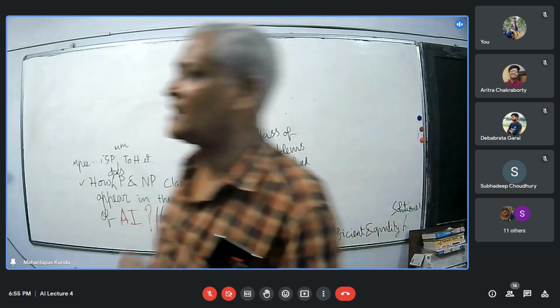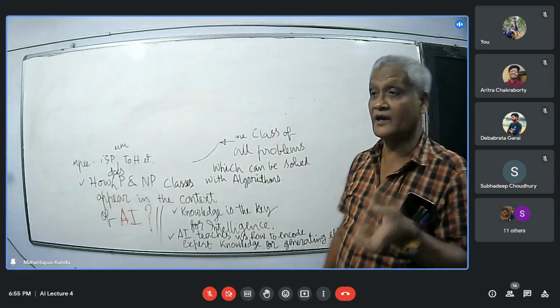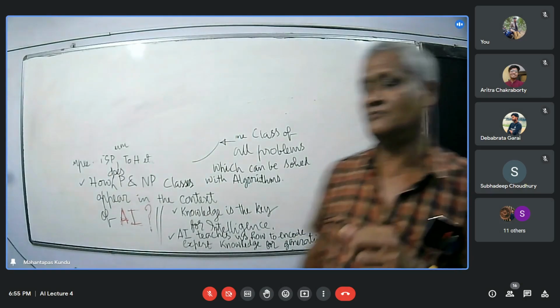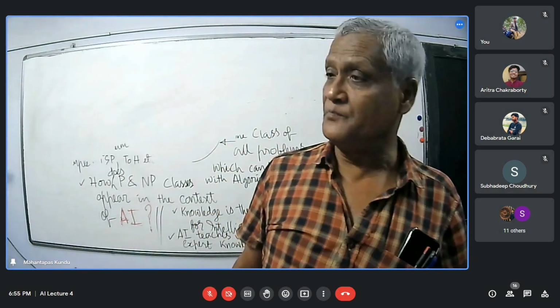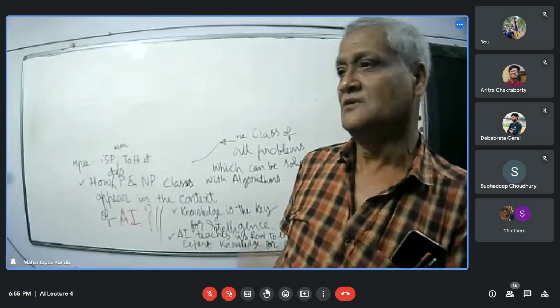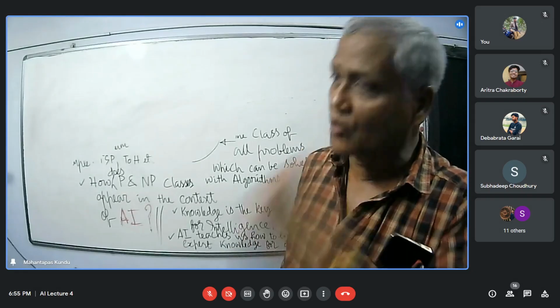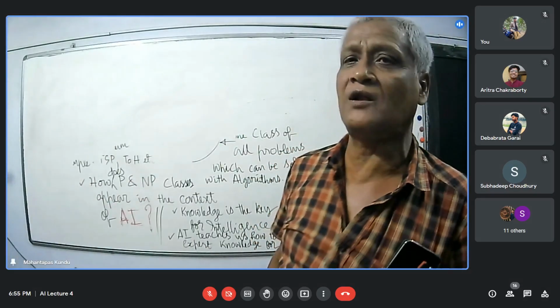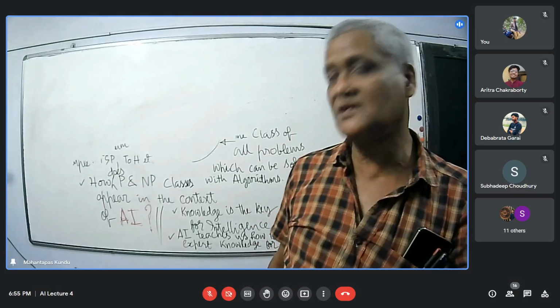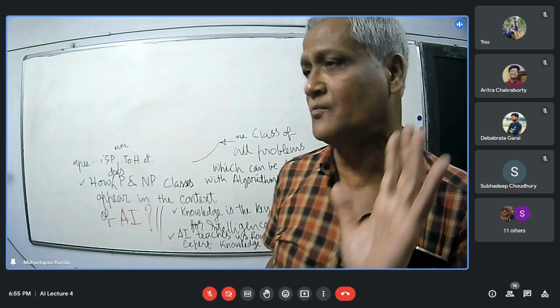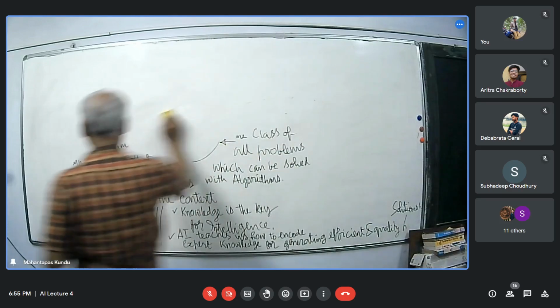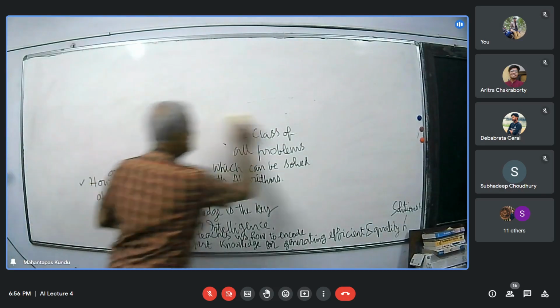So what will be our ultimate objective? Again, our ultimate objective is to develop algorithms that can store and utilize knowledge for efficient and quality solutions of problems. So this will be our objective in studying AI.